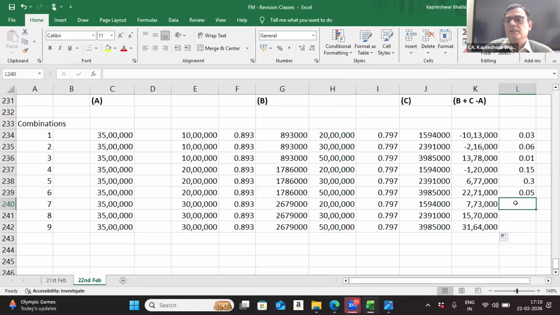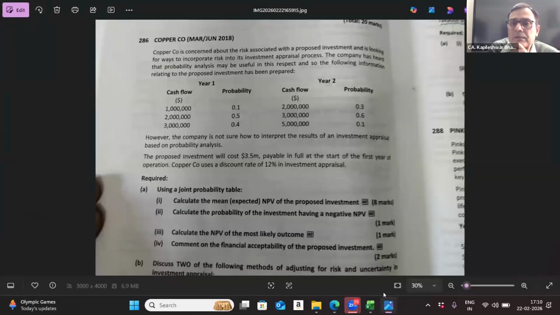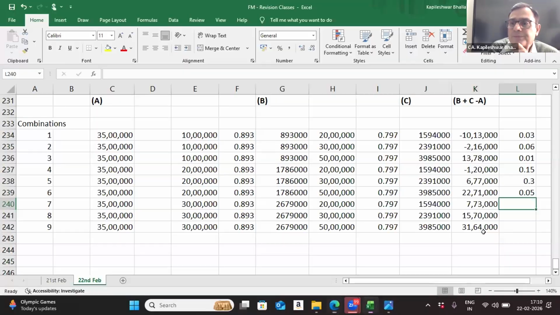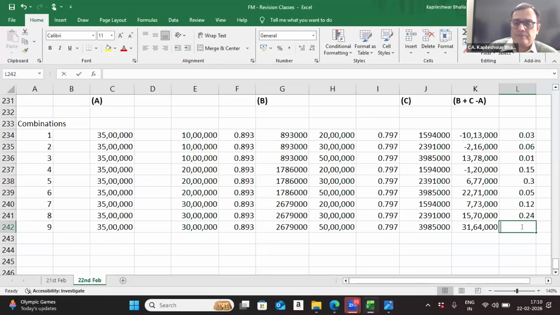Okay, now let's see the joint probabilities as well. So joint probabilities, now we are given it's 12%, 24%. This is 12%. That is 24%. And this is going to be 4%.